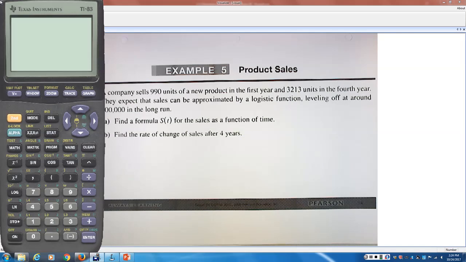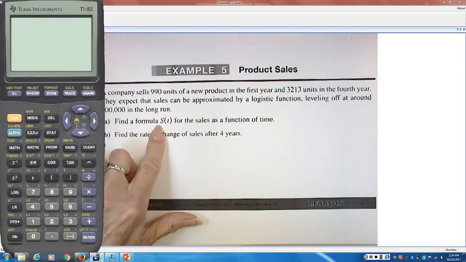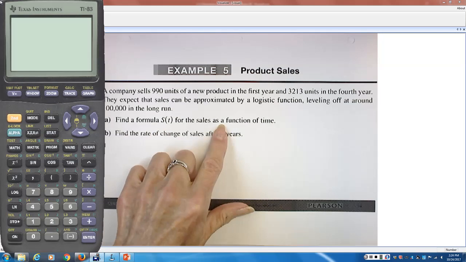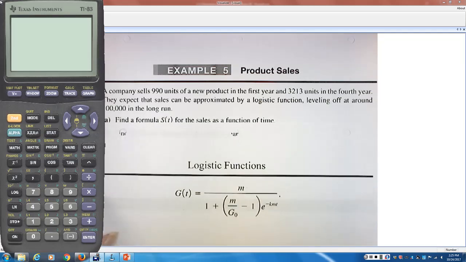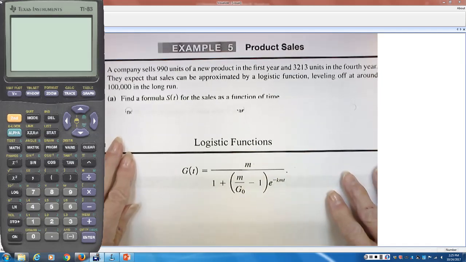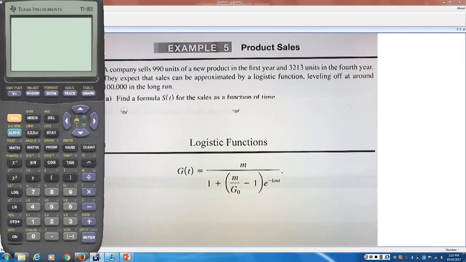So the first thing they want us to do is find a formula, S of t, for the sales as a function of time. So when we do that, we need to go back and remember what I told you about these to figure out what we're going to have to plug in. So let's talk through what we plug in.